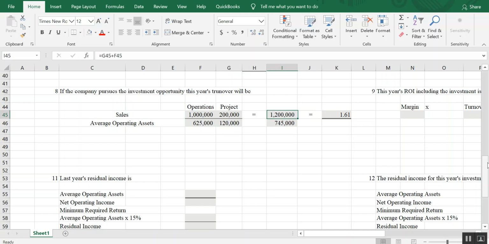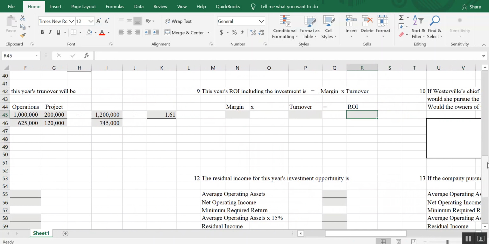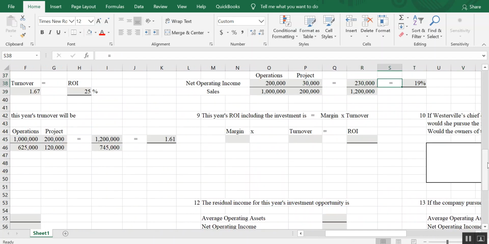So that's what we have. Okay, so 1.61 is the turnover. Now we come back here to the margin, and we calculated the margin up here. And it was rounded to 19.2%.